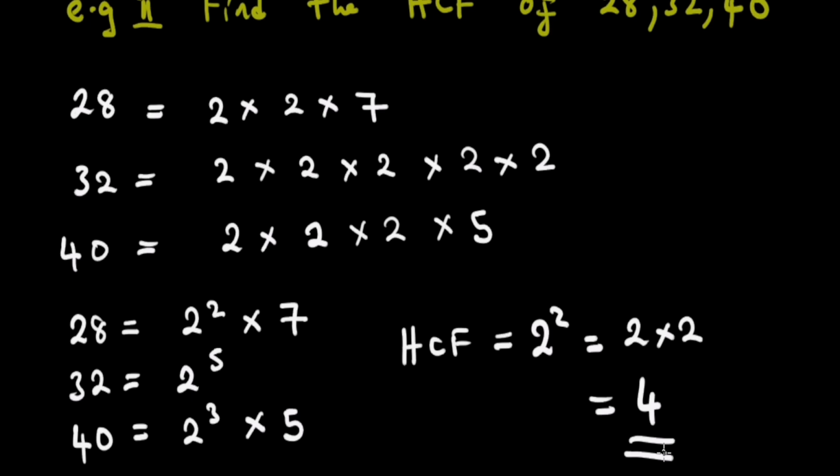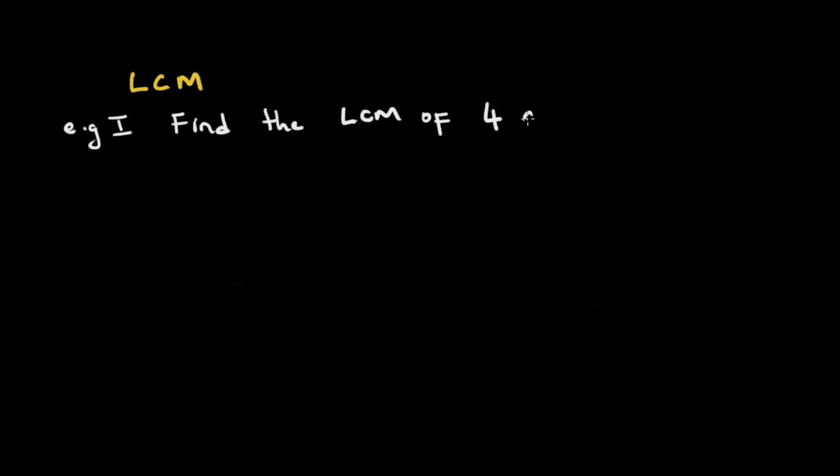So this is method number 3 of finding the highest common factor. In lesson 1.0 we also talked about the lowest common multiple. We had an example that said: find the lowest common multiple of 4 and 6.